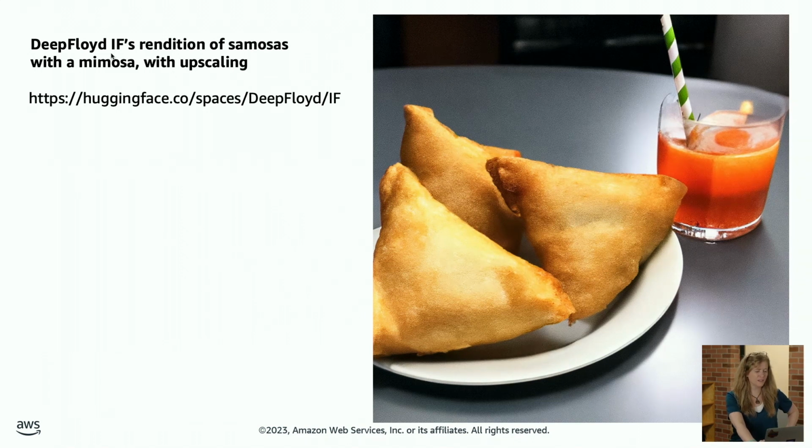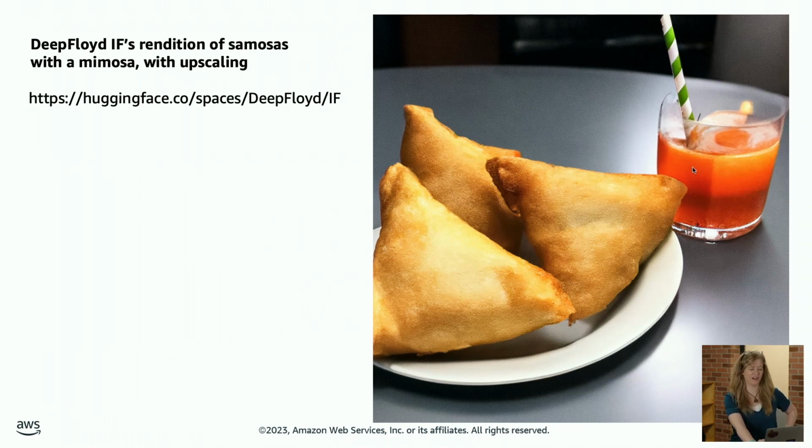And essentially, so Deep Floyd's rendition of samosas with a mimosa, and then I added upscaling. And so here are these delicious samosas. They look pretty good. And then here's this rendition of a mimosa. I can tell you this doesn't look like any mimosa that I've had.